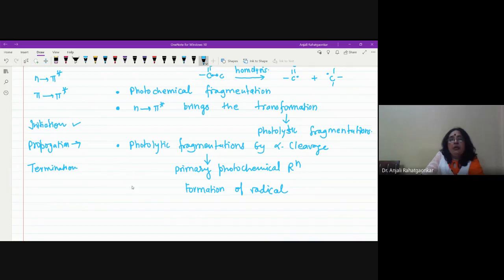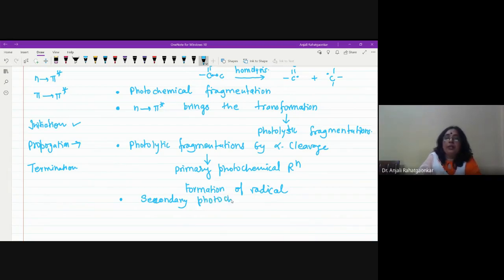Now here, if there is a primary reaction, there is also a secondary photochemical reaction, right? So the primary photochemical reaction is followed by the secondary photochemical reaction.